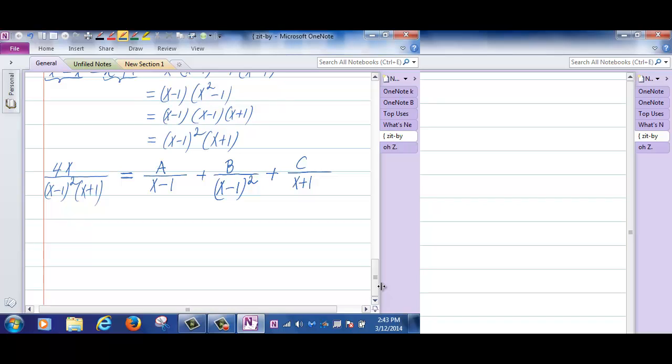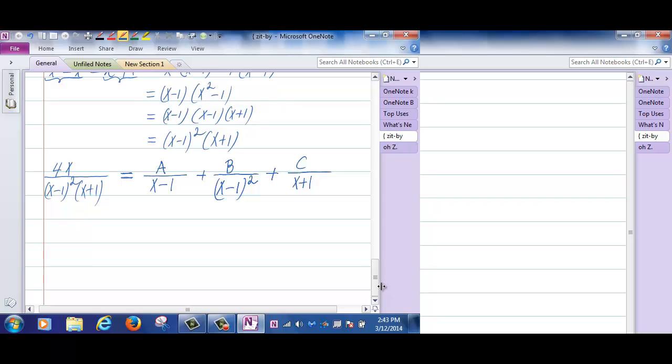If I have a 2 here, then the contribution will be 2 terms, starting with exponent 1 all the way up to exponent 2. If I have a 3 here, then you're going to get 3 terms, one with each exponent 1, 2, and 3. So you're going to have c over x minus 1 cubed plus d over x plus 1. Everybody is okay with that?